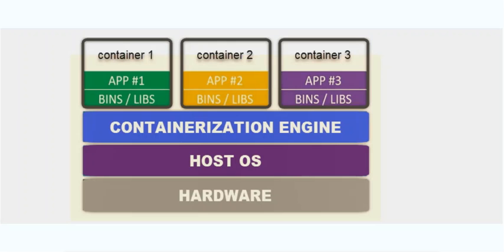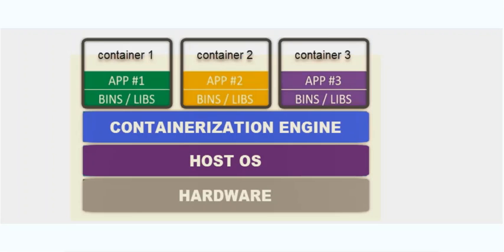And on top of that, we have multiple containers. If you see here, each container is not a virtual machine in the sense that they don't have any operating system attached to them separately. They all share the host operating system between them, and that's the virtualization we are talking about.